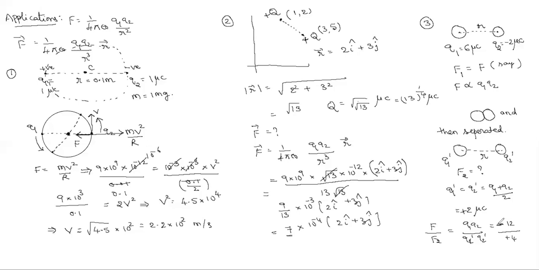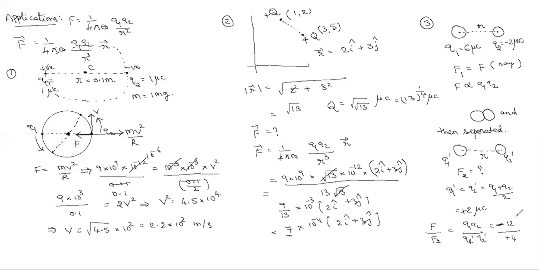The negative sign indicates the force is attractive, since 6 and minus 2 are unlike charges. Anywhere in this chapter, if you get a negative sign in the force, it indicates attractive force, and a positive sign indicates repulsive force.